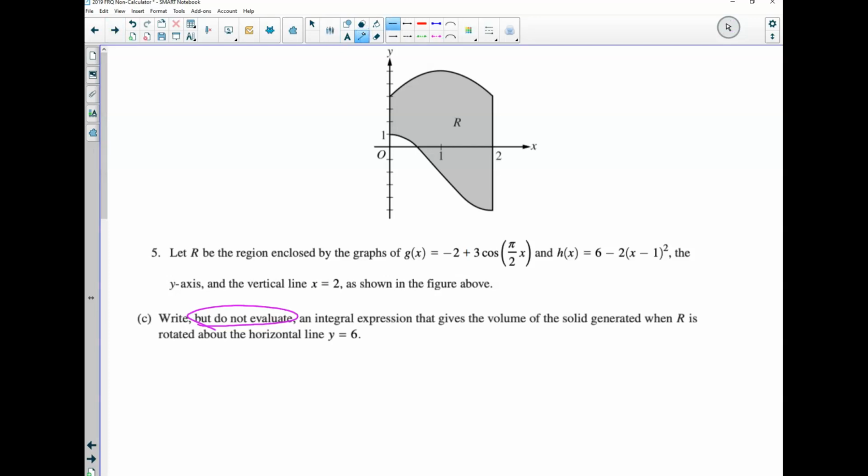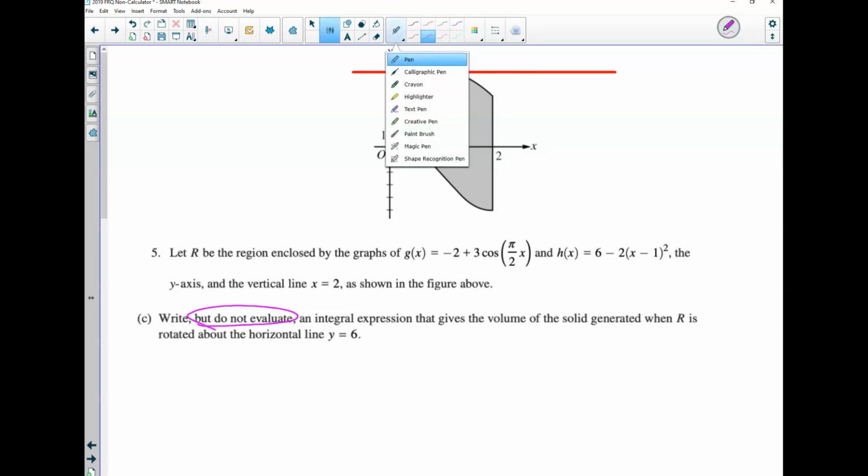So look in here in your mind, we are going to take this little region and rotate it. If I drew a rectangle perpendicular to my axis of rotation, notice there's going to be a hole in some spots. Because there's going to be a hole in some spots, we're going to be doing a washer.